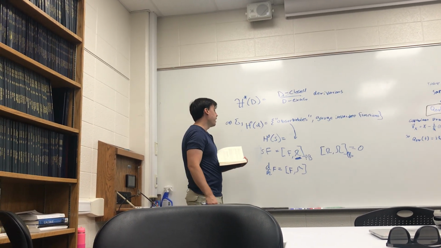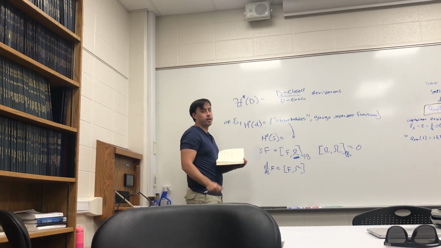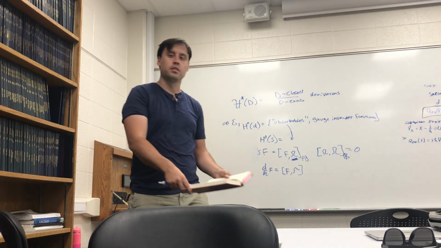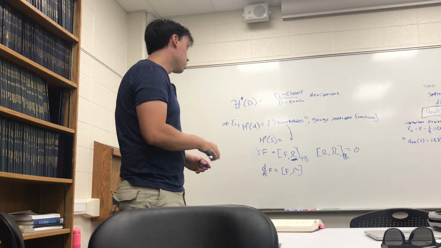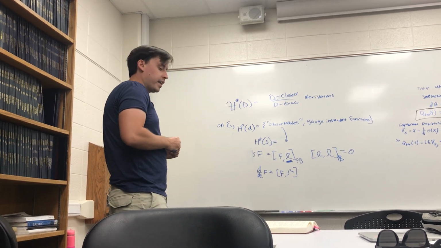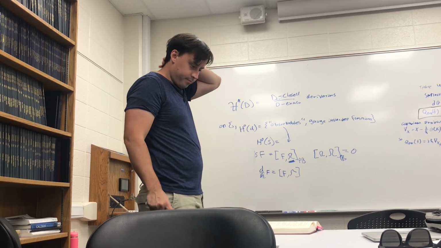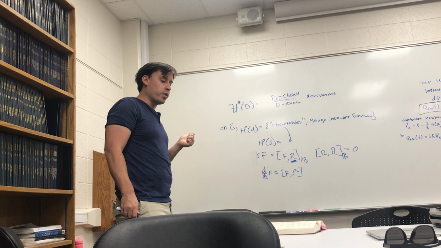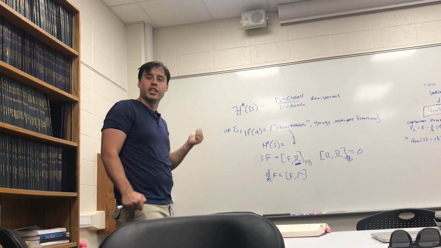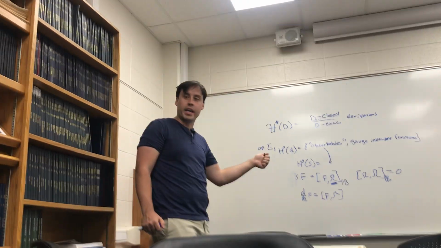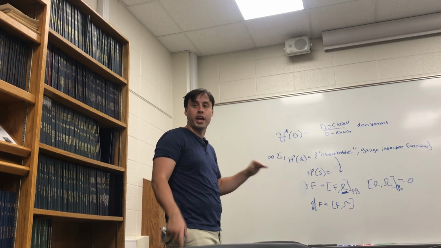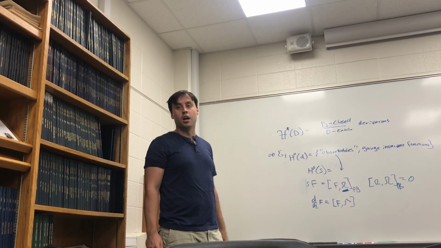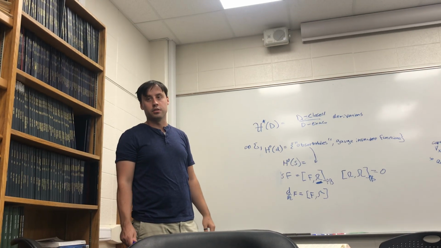For any given S, I have to figure out a corresponding omega. And omega is what you work with when you go to quantum mechanics, at least if you're thinking in terms of states, because you say that your physical states are in the null space of omega.